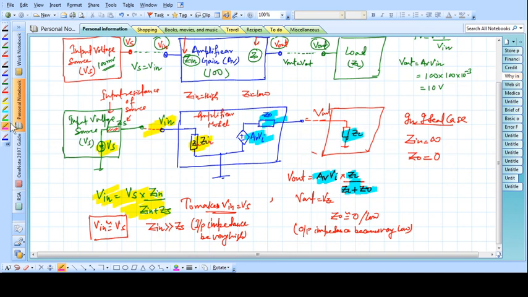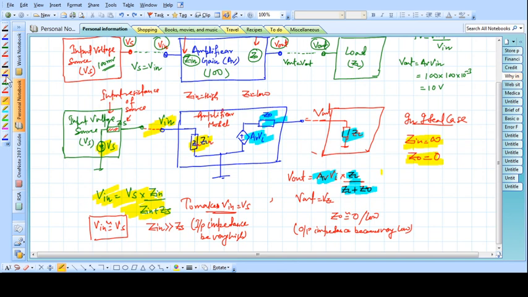So this one is the idea behind why input impedance is high and output impedance is low. This is basically the simple concept of the amplifier model: input impedance should be high and output impedance should be low.